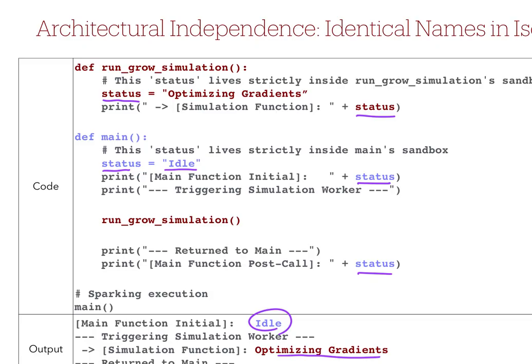So in that case, these two variables are defined within this function only, and the values for these two variables are totally independent.